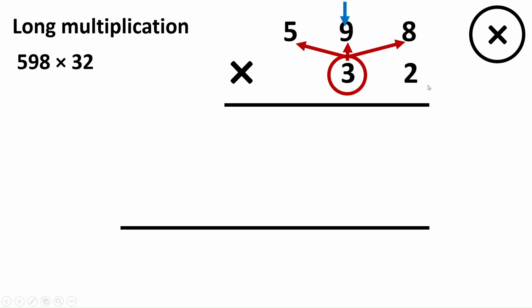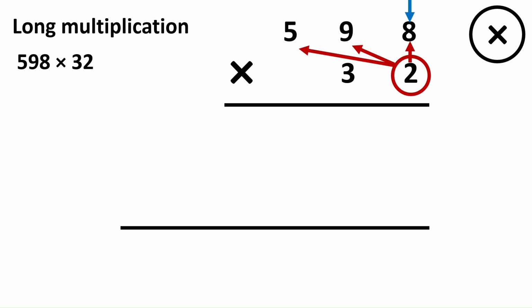This is because we're using a sort of partitioning method. In our first instance, we're doing 2 multiplied by 8, then by 9, which is actually 90, then 2 multiplied by 5, which is actually 500.